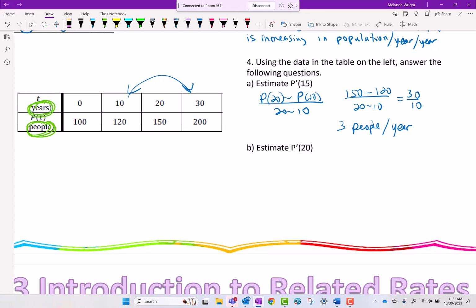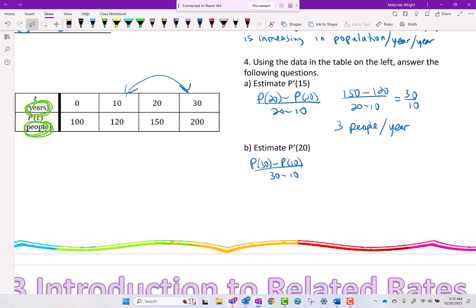So that's what I would do. Writing it in abstract, we would say P of 30 minus P of 10 over 30 minus 10, or again, that part's optional, but you have to write the numbers. So 200 minus 120 over 30 minus 10.